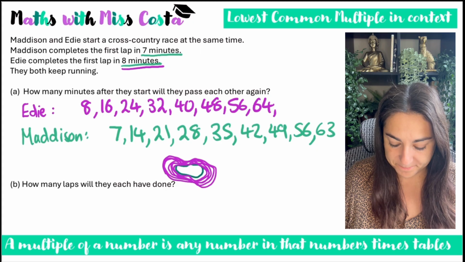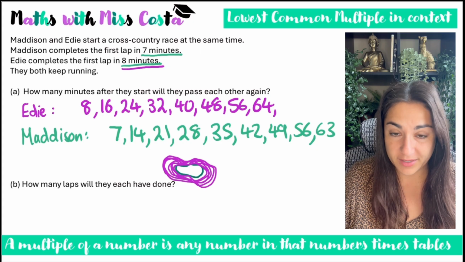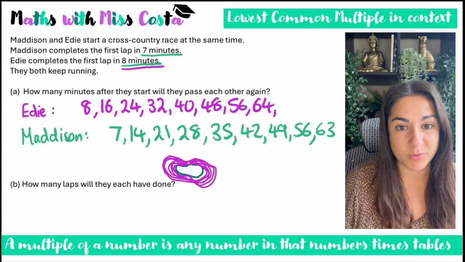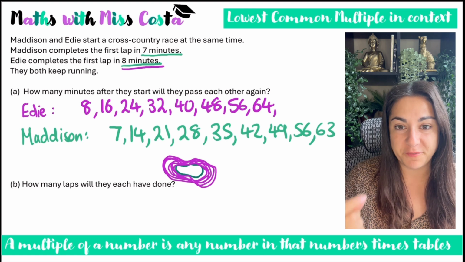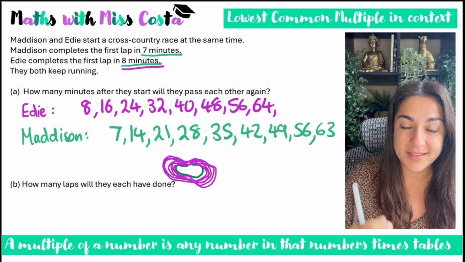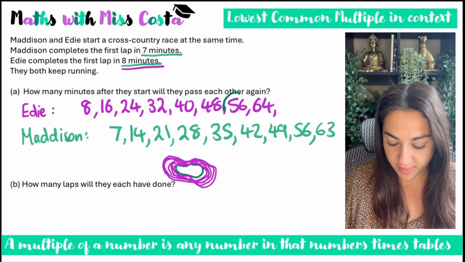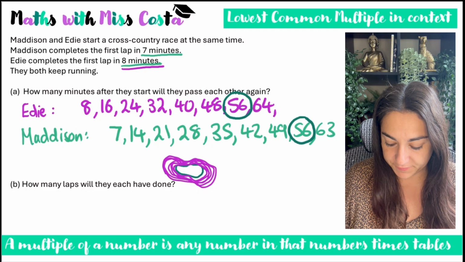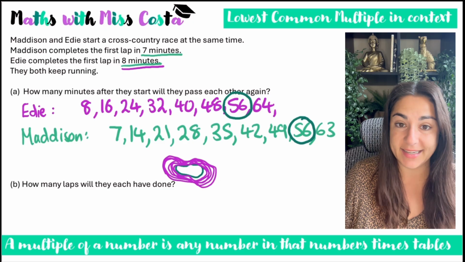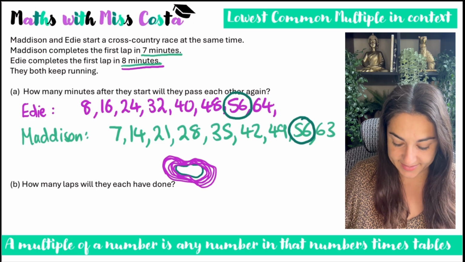So what we're looking for is the lowest common multiple. The lowest common multiple is the first number that is common to both of their times tables. So let's have a look. That number here is 56 because 56 appears in the 7 times table and the 8 times table.